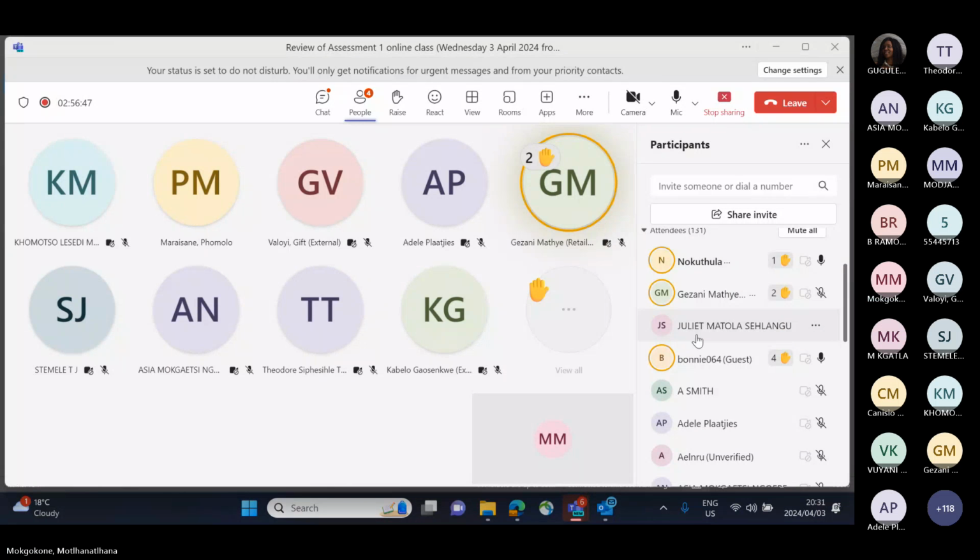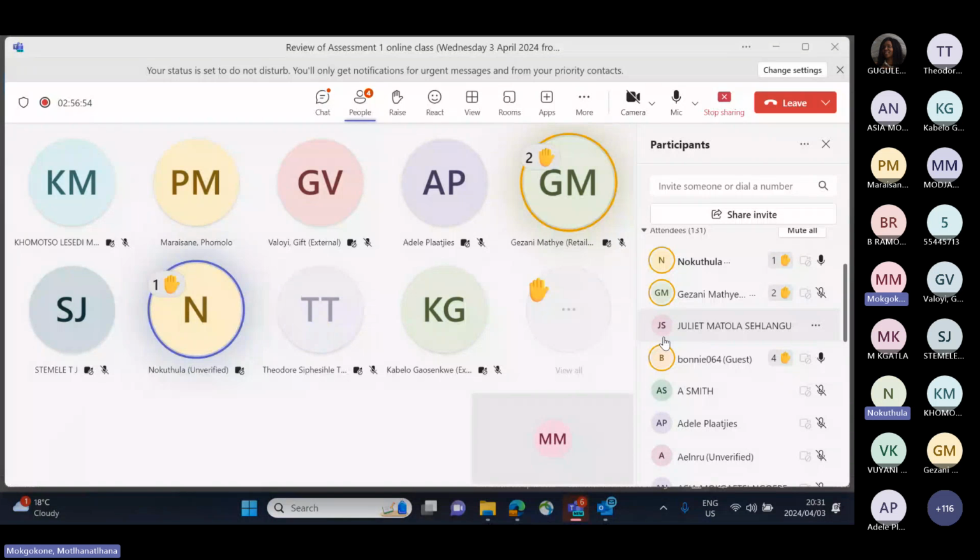Hello, everyone. Yes, my question is on the first assessment, on the current assets. When an asset is less than 7,500, do we treat it as an asset or an expense?